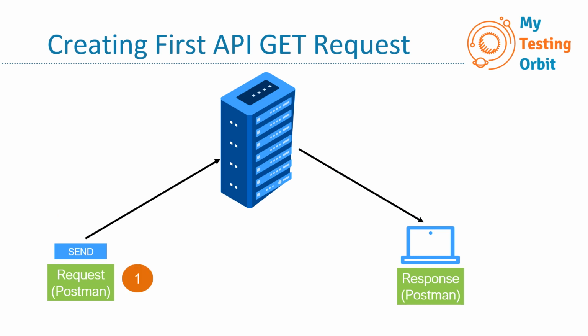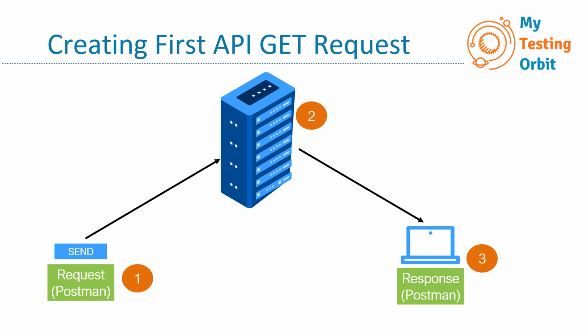We sent a request using Postman to the API server. The API server, which in this case is reqres.in, received the request and returned a response. And at the end, Postman received the response and displayed it in the interface.